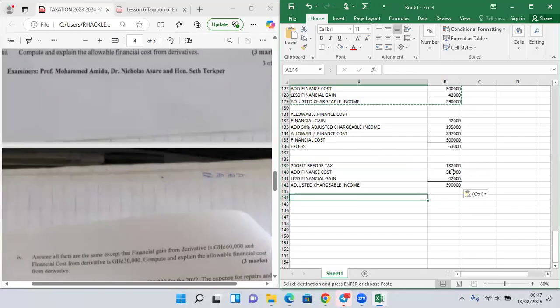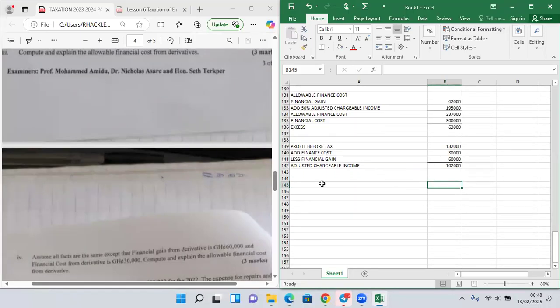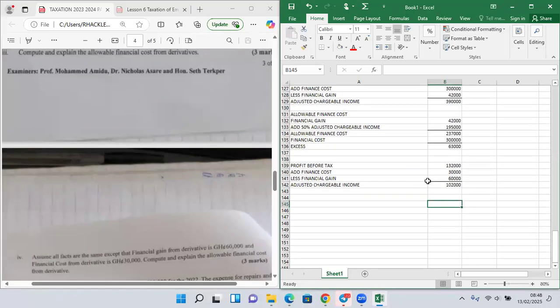So they said they've changed the finance cost to be 30,000 and the finance gain to be 60,000. All right, so this is going to make our allowable finance cost.